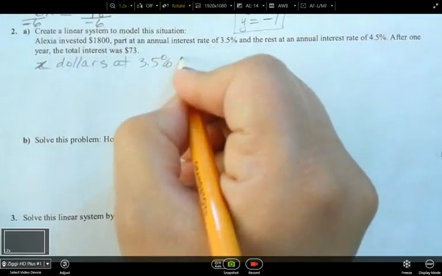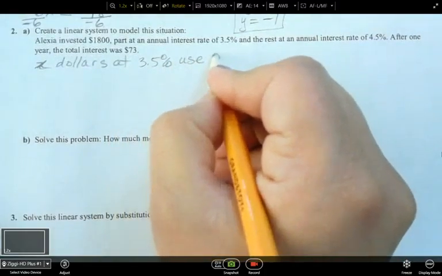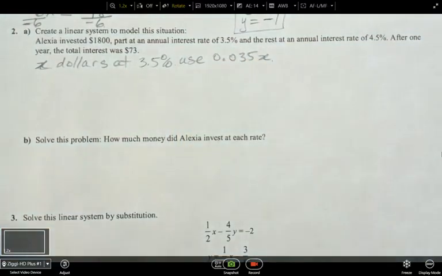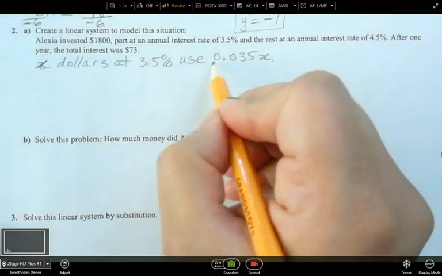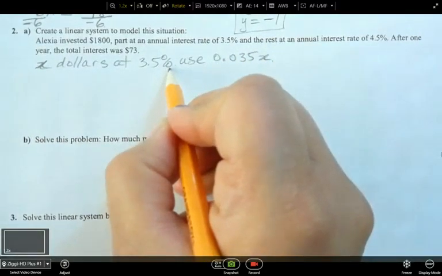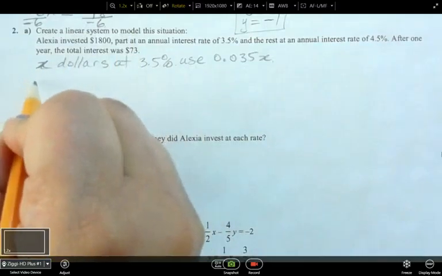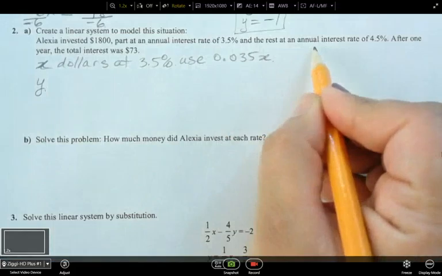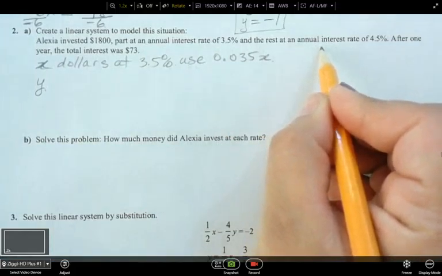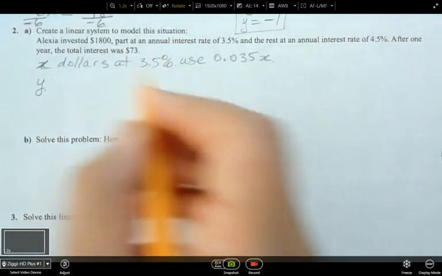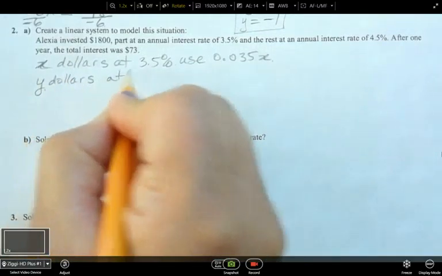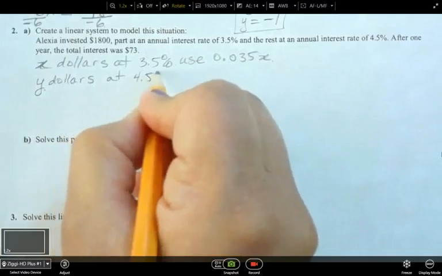Now, we're going to use 0.035x instead of 3.5%, okay? So, because percent means for every 100, right? And now, what about our second interest, or second investment that we're putting in? What should we say that is? That is y dollars at 4.5%.